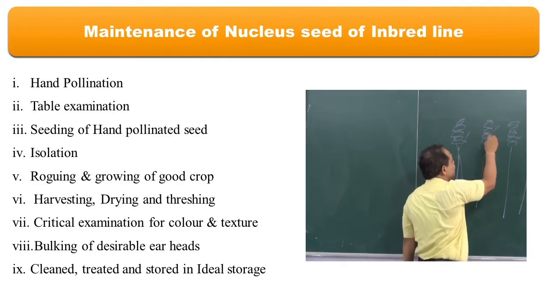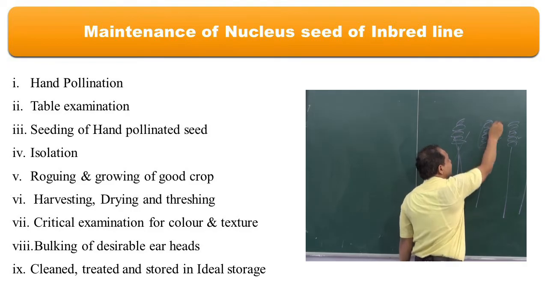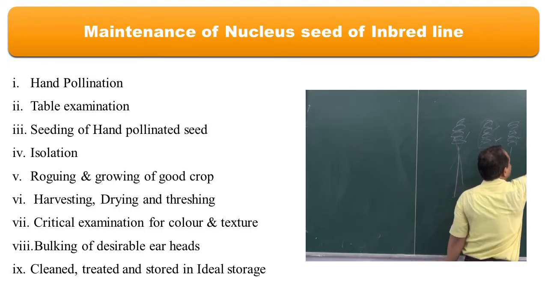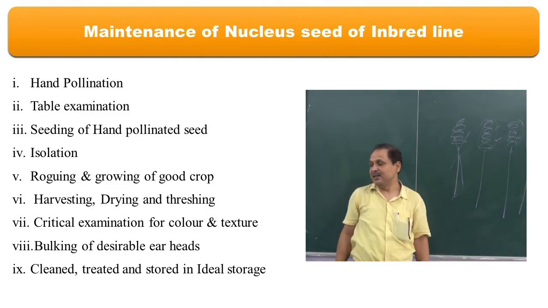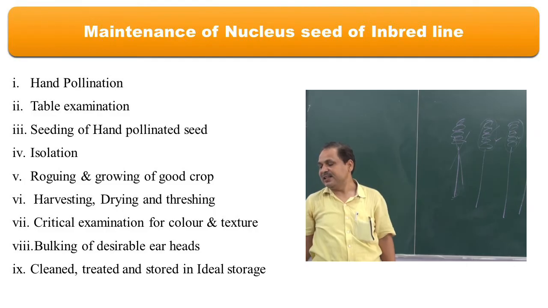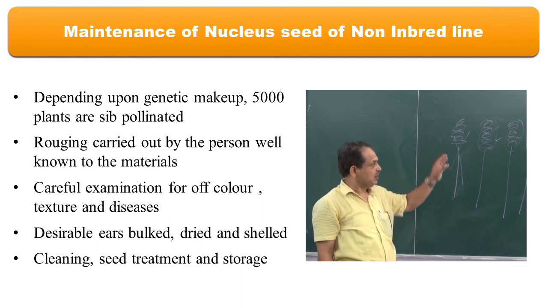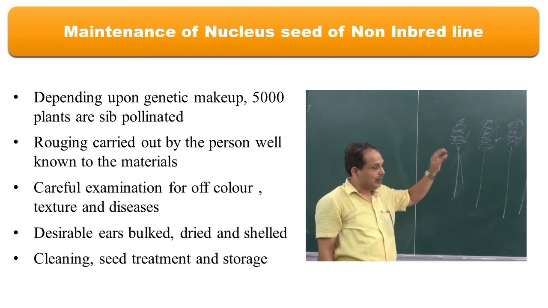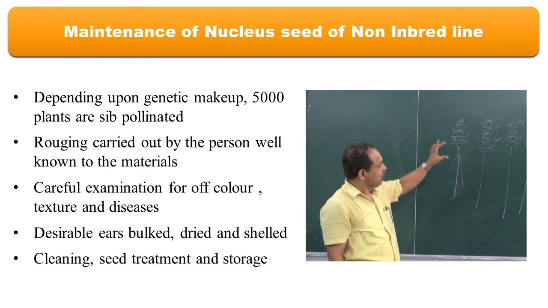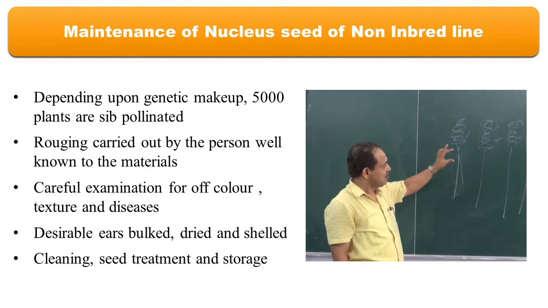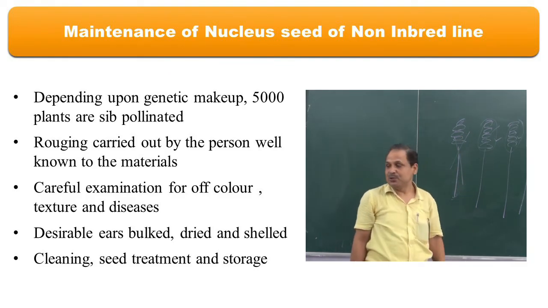Suppose this is good and true to type, we can bulk the seeds of these lines. These are then cleaned, treated and stored in ideal storage conditions. This is very important. The nucleus seeds are very useful and costly, so we thresh them properly, clean them and store them properly.